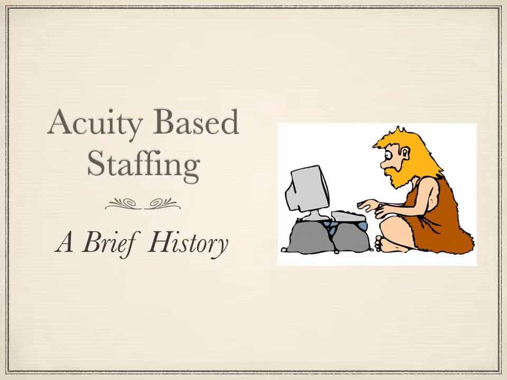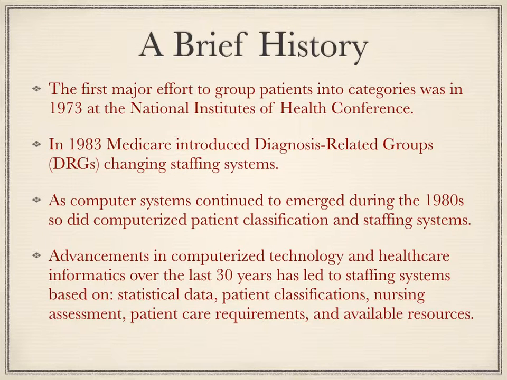Acuity-based staffing, a brief history. The first major effort to group patients into categories was in 1973 at the National Institute of Health Conference. This conference involved 45 nursing research experts, who analyzed factors associated with nursing problems in providing patient care. This category-based classification system was later used to determine staffing assignments.